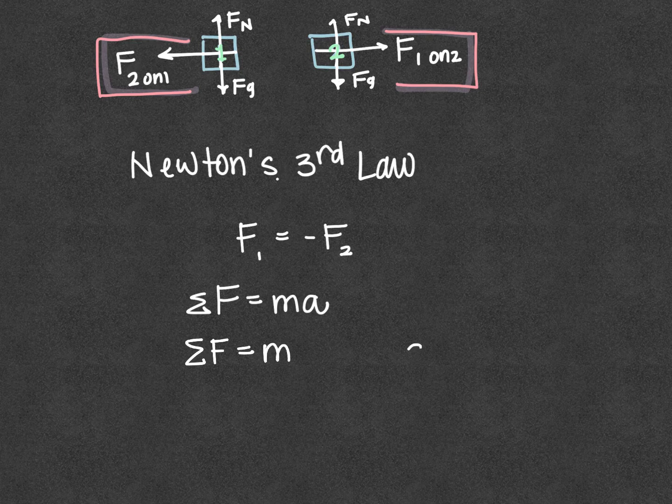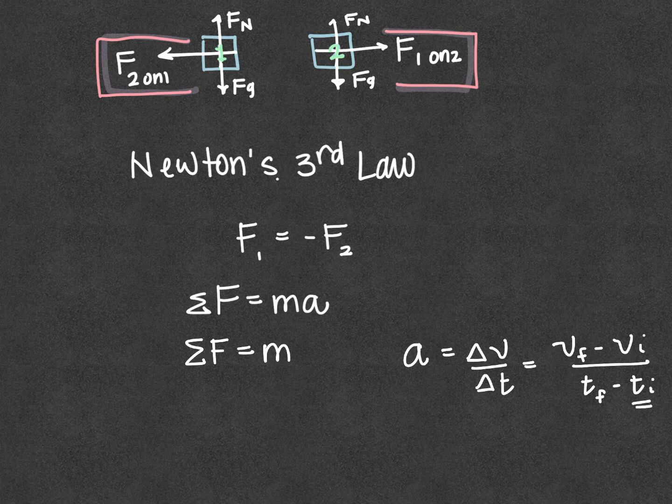Now, acceleration is defined as the change in velocity over a change in time, or final velocity minus initial velocity over final time minus initial time. And most of the time, our initial time is 0. And so we'll just have our t on the bottom there. And so if I go back over here and substitute that, I'll have our final velocity minus our initial velocity over time.